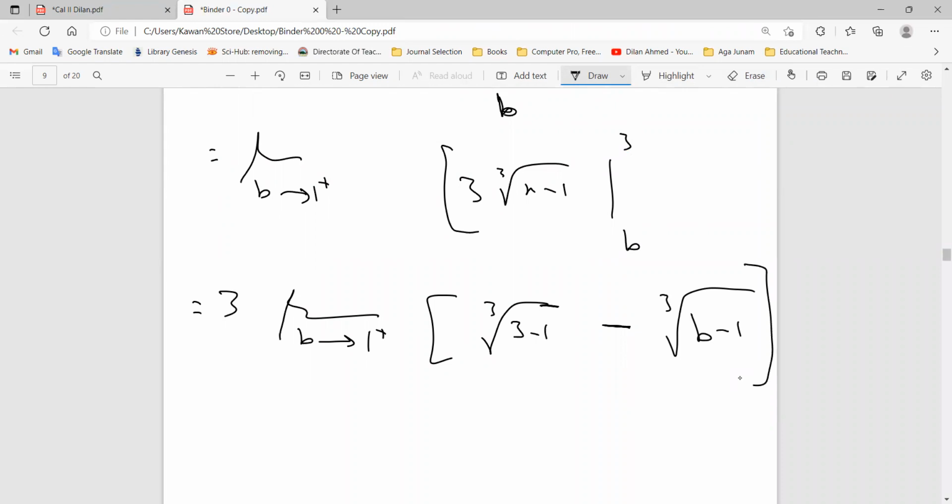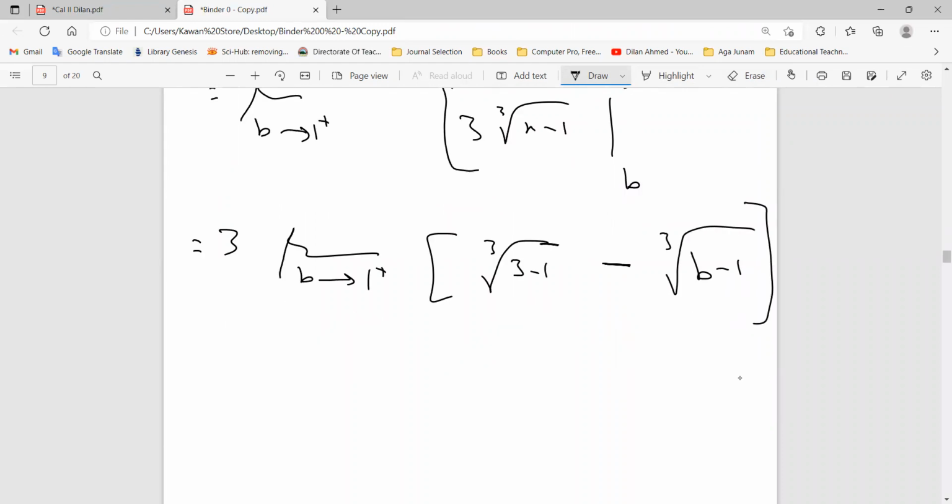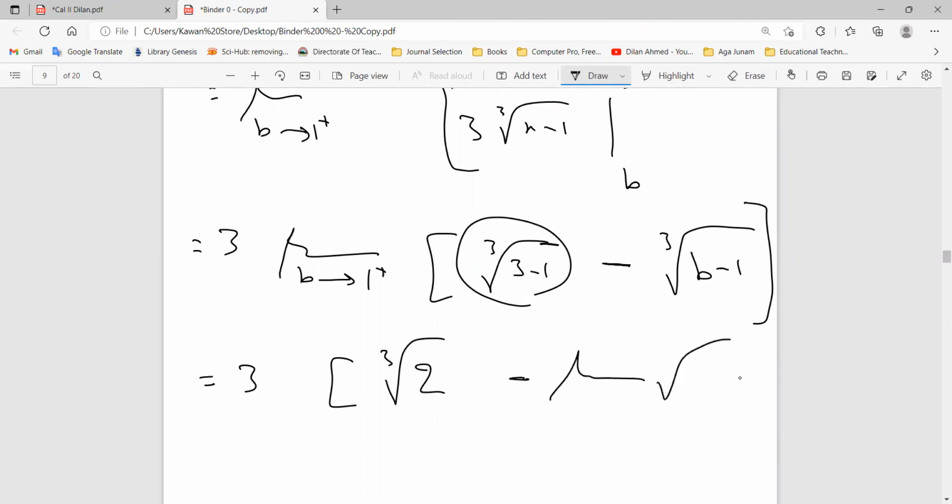Do you have a problem? Upper minus lower. Good. So I will get what? 3, that one is constant. It will be the cubic root of 2 minus the limit of the cubic root of B minus 1 as B approaches 1 from the right side.